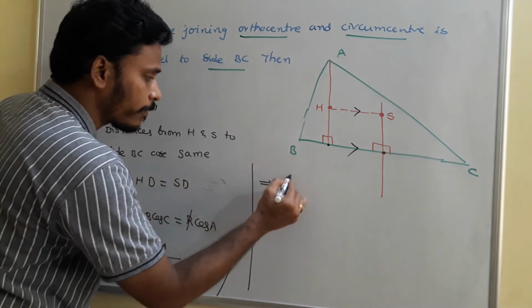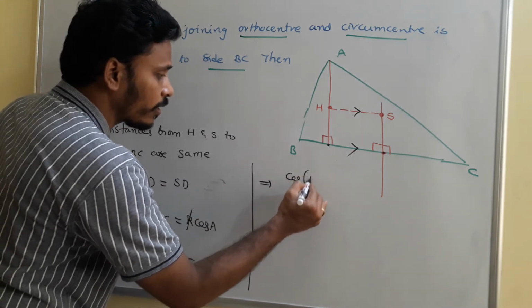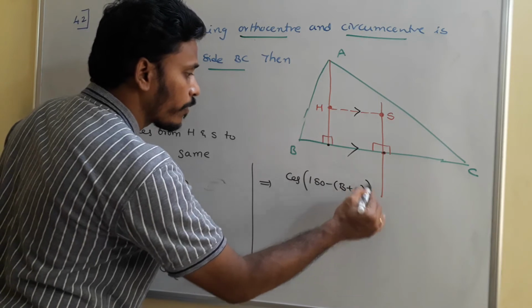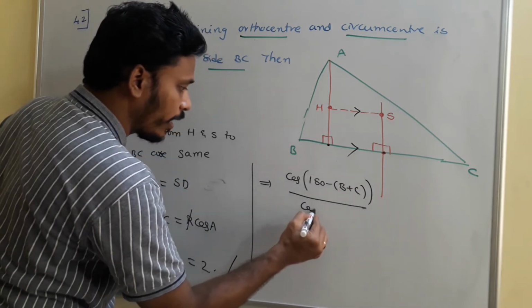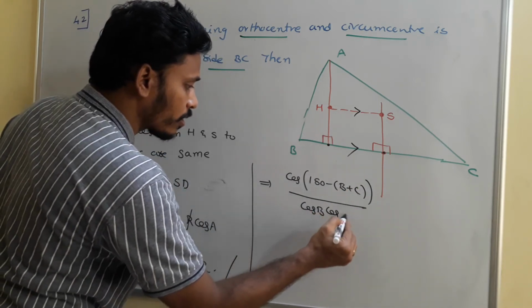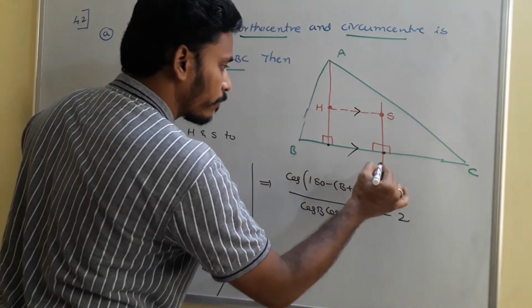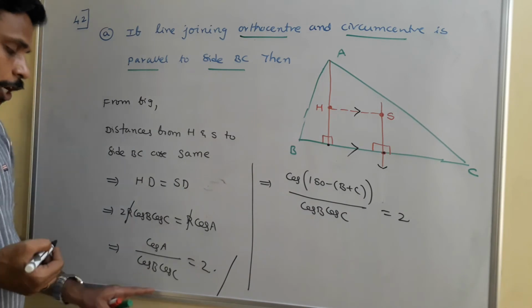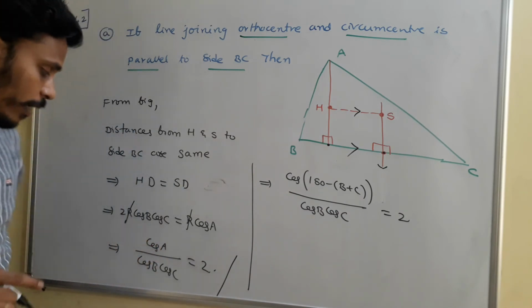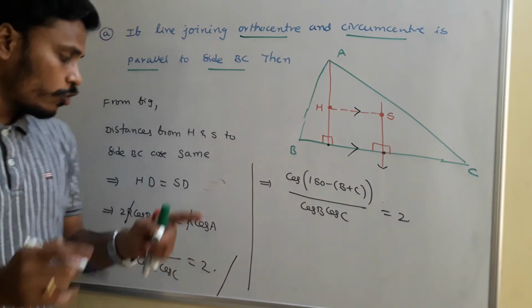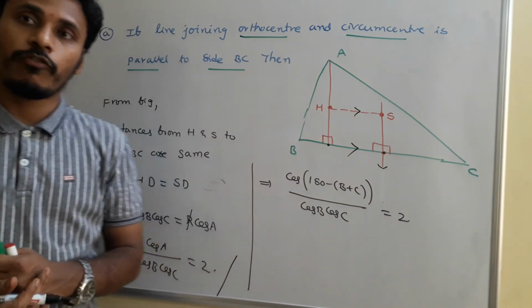So this implies cos A is cos of 180 minus (B plus C), and the whole thing is divided by cos B cos C, equals 2. The denominator is the same, but for the numerator, in a triangle A plus B plus C is 180, so you write A as 180 minus (B plus C).